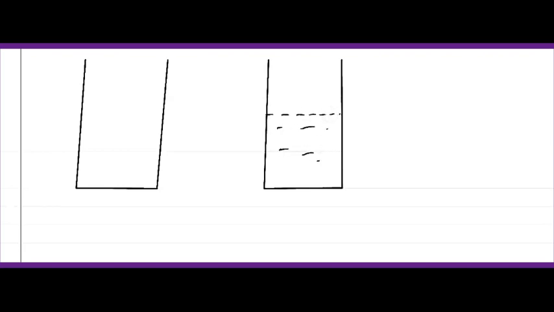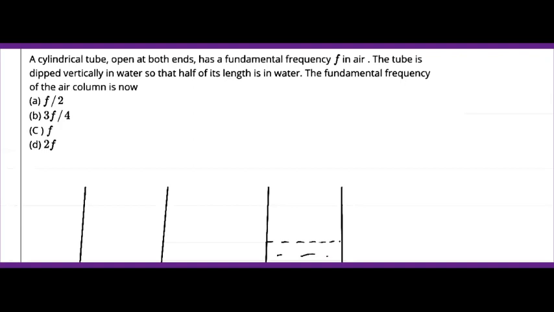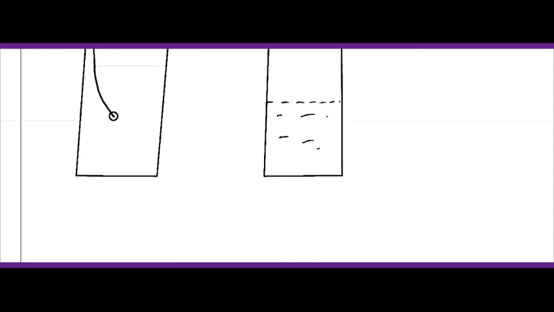Now initially it says that a cylindrical tube open at both ends has fundamental frequency f in air. So in that case, for fundamental frequency, if it travels like this, then it will be case 1.